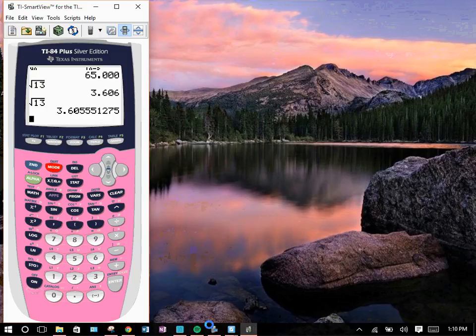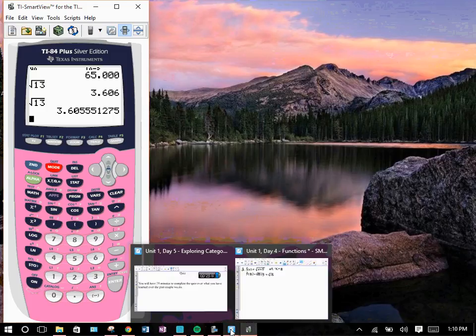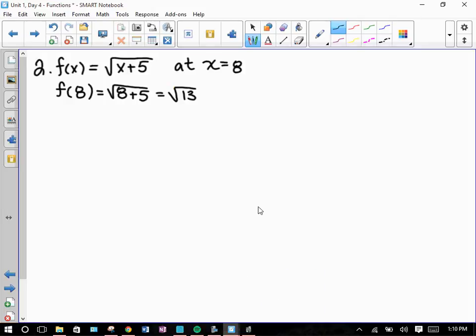The conclusion we can draw is that the left-hand limit and the right-hand limit are equal to 3.60 something, which is the square root of 13. So we know that the limit as x approaches 8 from the right and from the left of f of x is equal to the square root of 13.